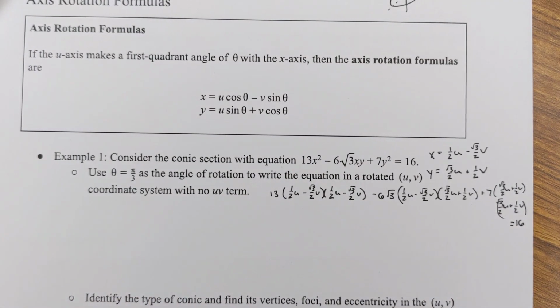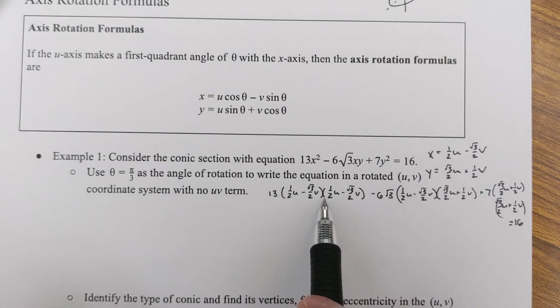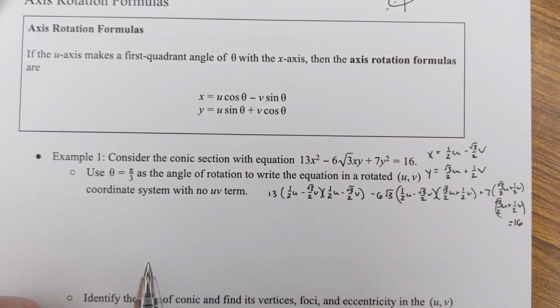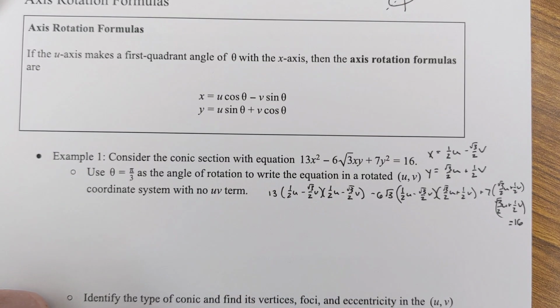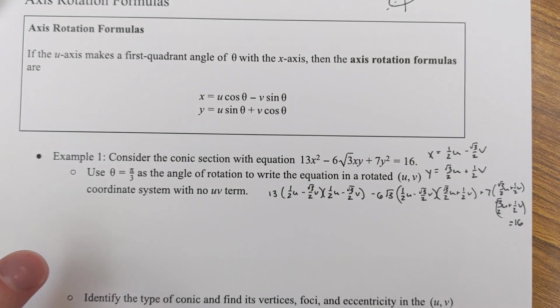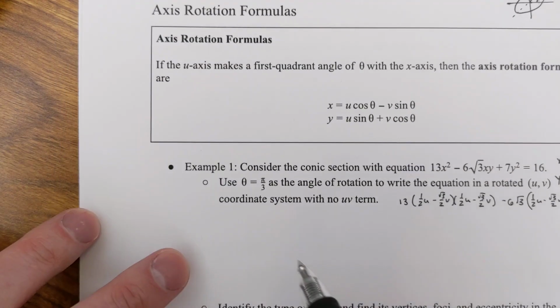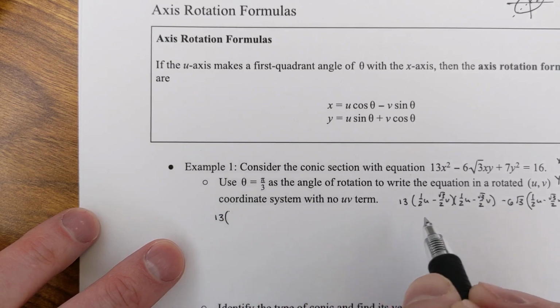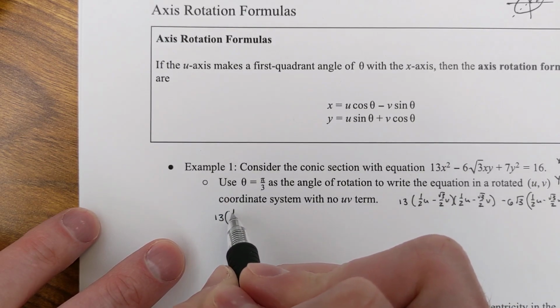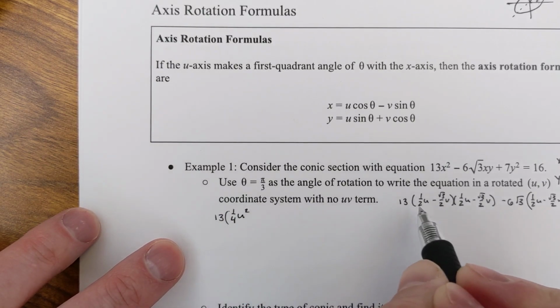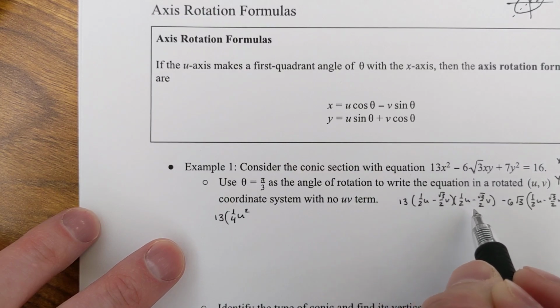Now, what happens is a bunch of math. I get to do a bunch of foiling, a bunch of distributing, and all of that other fun stuff, which I really didn't leave myself a whole lot of room for. So let's see how badly I can do this. So 13, that's going to be 1/4 u squared.